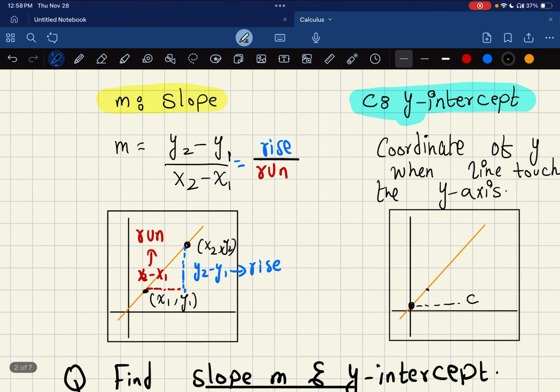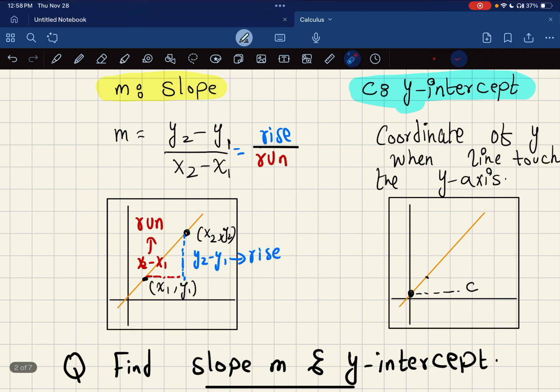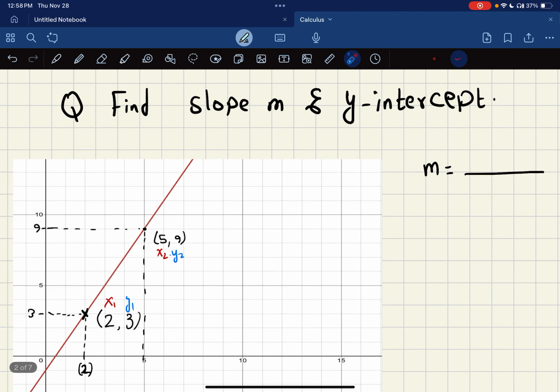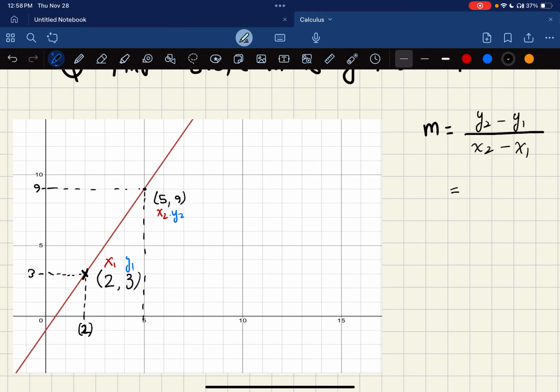Now let's recall the formula. It's (y2 - y1) upon (x2 - x1). So let's first copy that formula. Our y2, as we can see, is 9, minus y1 which is 3, divided by x2 which is 5, minus x1 which is 2.